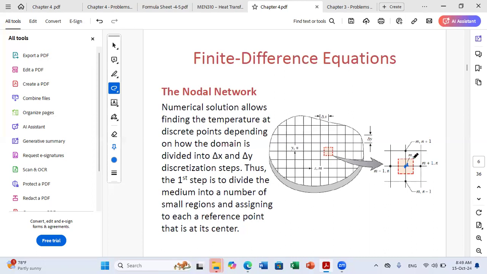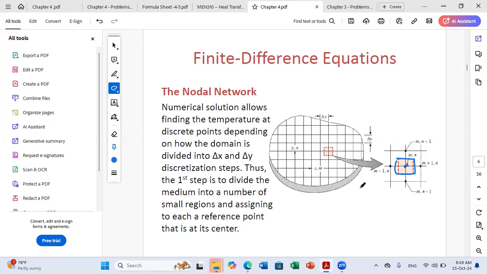So if I take, let's say, a certain rectangular shape, I consider delta x, delta y, and I have these four faces. And I can write the energy balance for each of my cells, okay? By writing the energy balance and solving for it, using also appropriate boundary conditions.